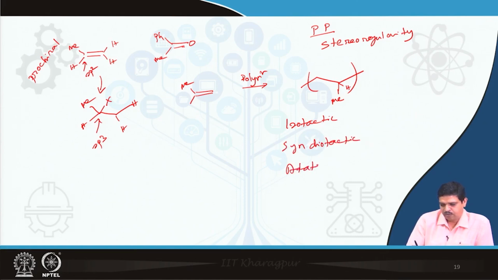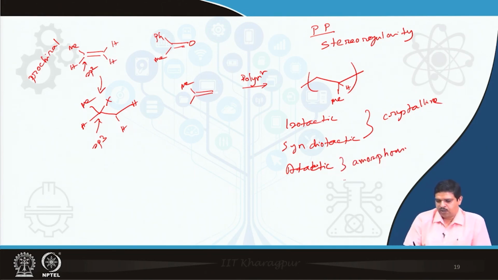The isotactic and syndiotactic are crystalline, and the atactic one is amorphous. That is why you will see that atactic polypropylene, if you heat it, becomes quite soft in nature, and the others are relatively harder. So, depending on the microstructure, you can get different properties, and then you can choose your applications according to the properties.